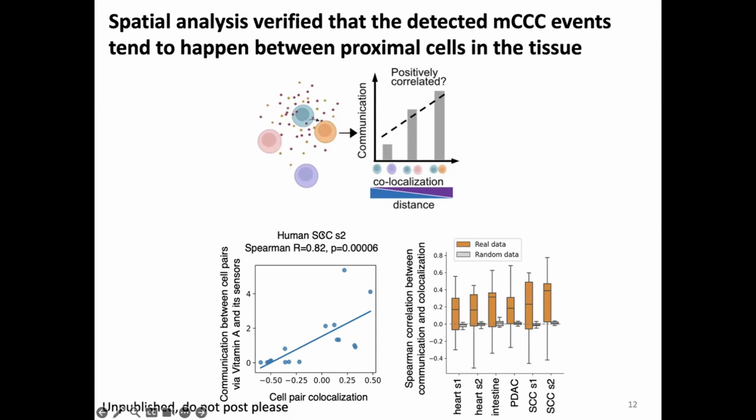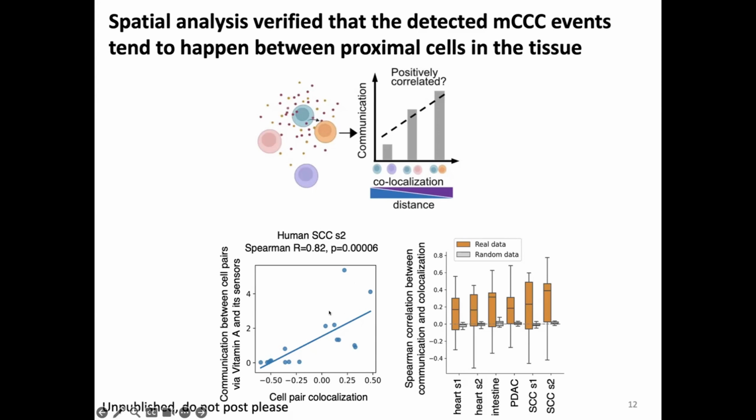Then Rongbin analyzed multiple sets of single-cell RNA-seq data sets, and he did observe this. For example, in this example, the x-axis indicates the distance between two cells. Basically, a larger value means the two cells are closer to each other. And the y-axis indicates the communication score between the cells.